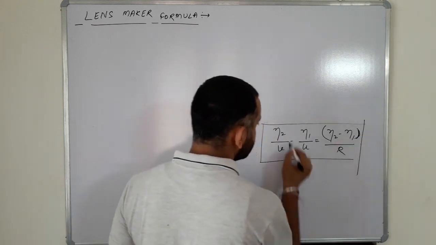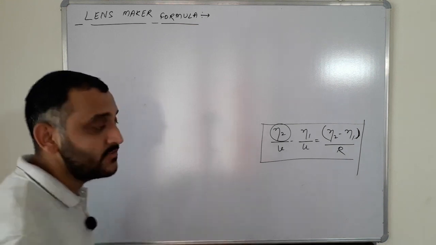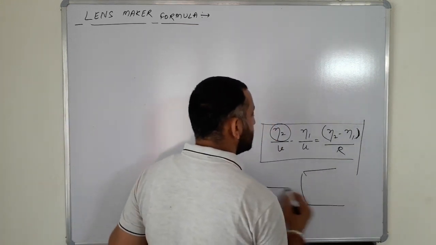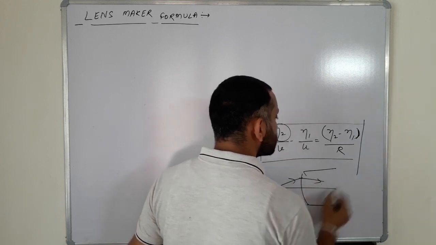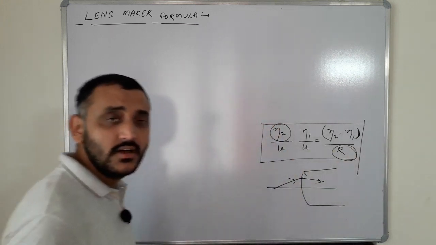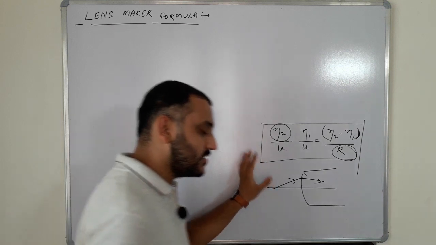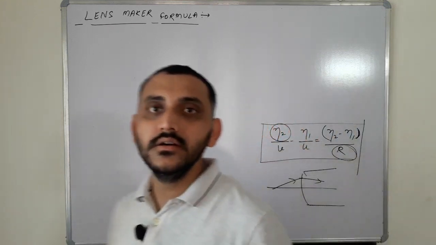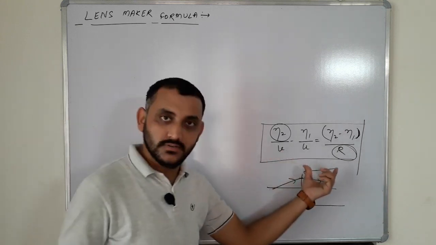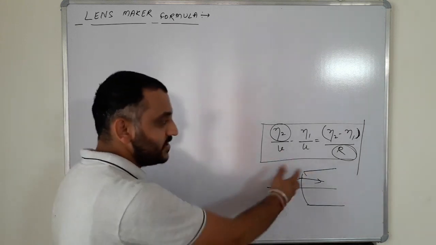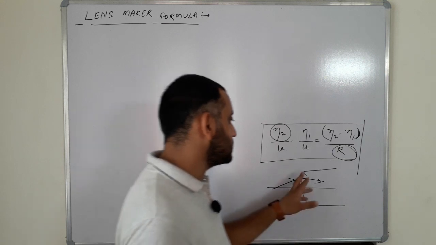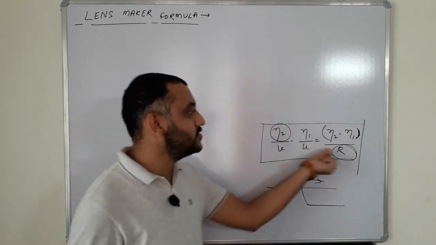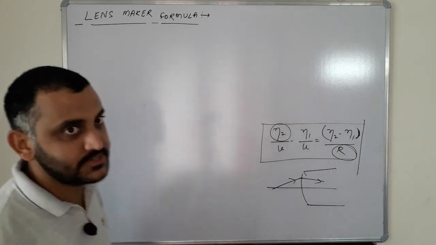So you must know that η2 is the refractive index of the medium in which the ray is going, and R is the radius of curvature. Afterwards we discussed that this expression is a general one and it can be used according to the different spherical surfaces. Suppose convex is there, concave is there, so put all these values with sign, and you will get the expression.